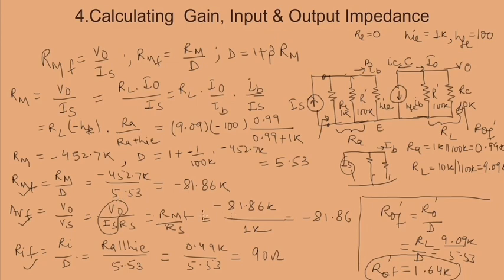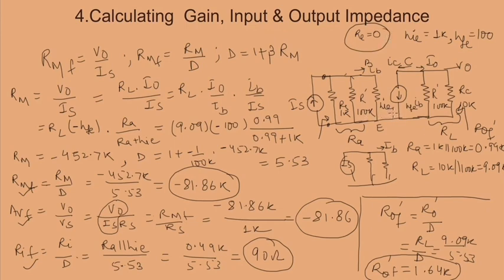So we have calculated all four parameters: ROF dash 1.64K, RIF is 90 ohms, AVF is minus 81.86, and RMF is also minus 81.86. Now we have done all the calculations with emitter resistance 0. There is no resistance in the emitter. Emitter is directly grounded.